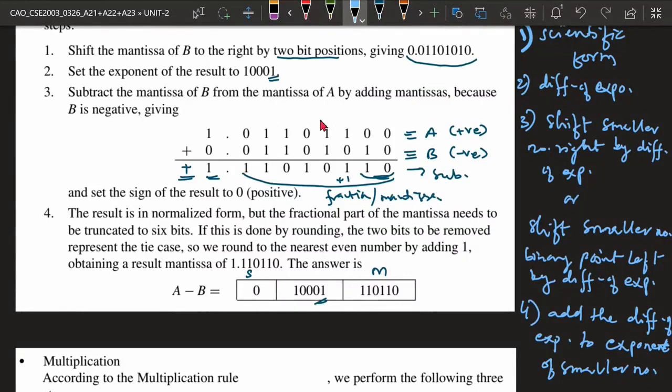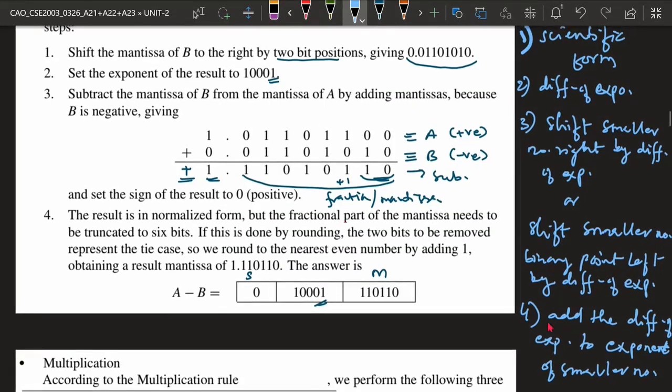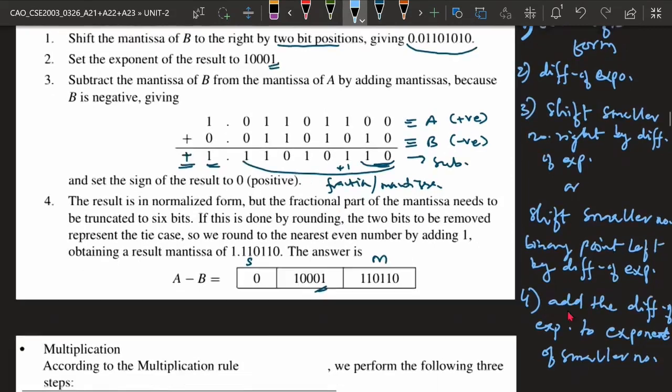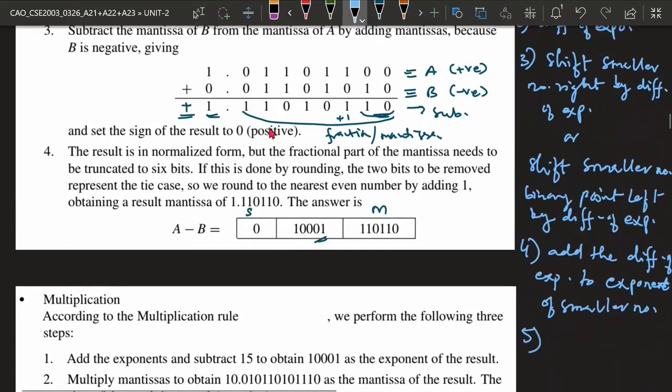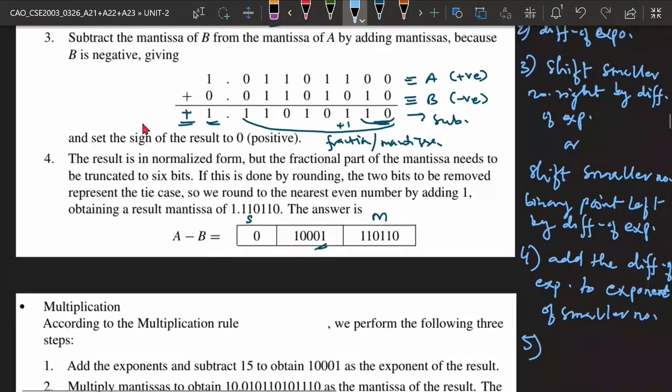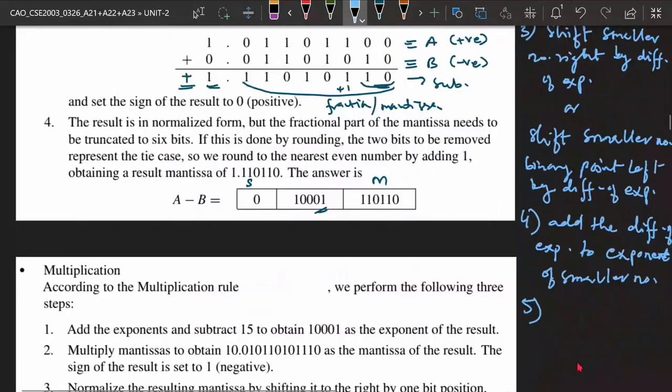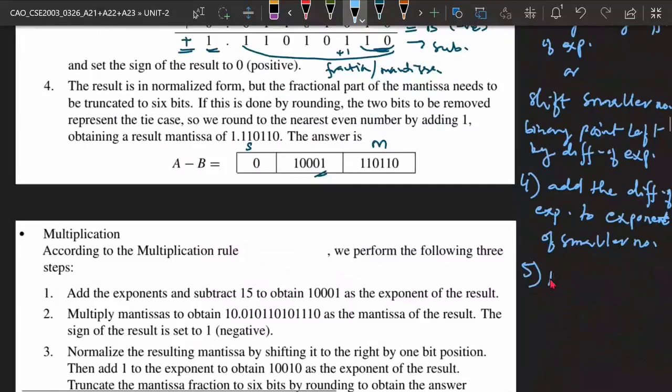So whatever the smaller number is, we need to increase the exponent of the smaller number by the difference of exponent. Once we have done this, now we need to do the operation. Perform addition or subtraction, whatever it is saying.